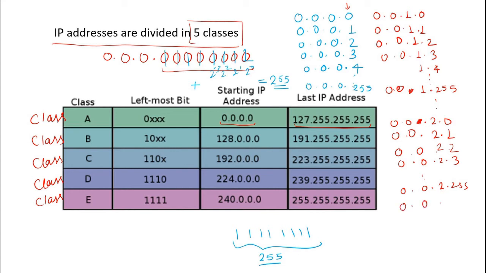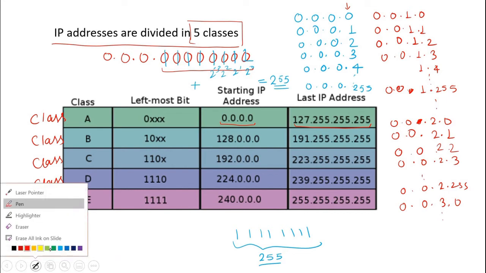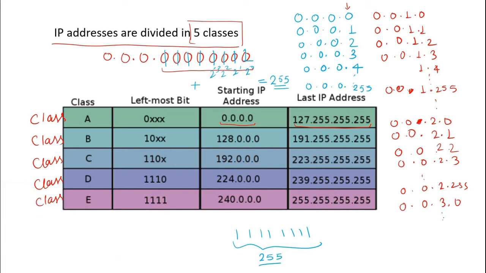It will be 0.0.3.0. Similarly it will keep happening, and the third octet will keep changing through 3, 4, 5, 6, 7, 8, 9, 10, until the condition comes when it is 0.0.255.255. What will happen now? Now it will shift to the second octet and it will start like this: 0.1.0.0. What will be the next IP?